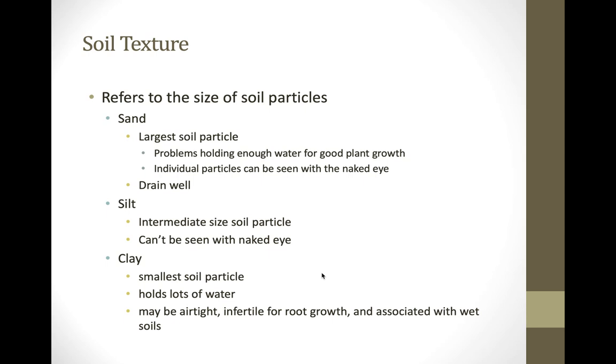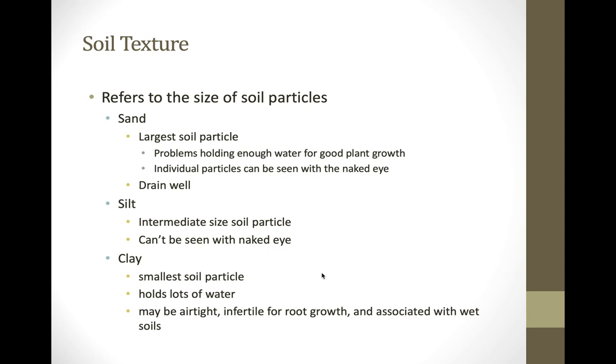So let's think about the difference between filling my classroom with basketballs versus tennis balls versus ping pong balls. You can fit a tremendous amount more ping pong balls into my classroom than even tennis balls, and there's not going to be as much space in between the balls because they are so much smaller.